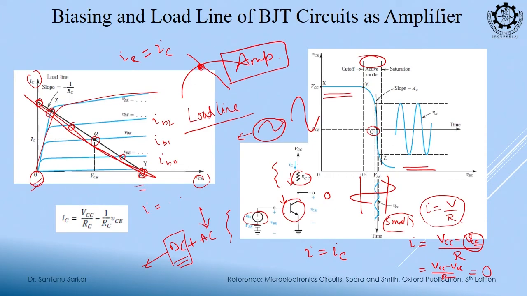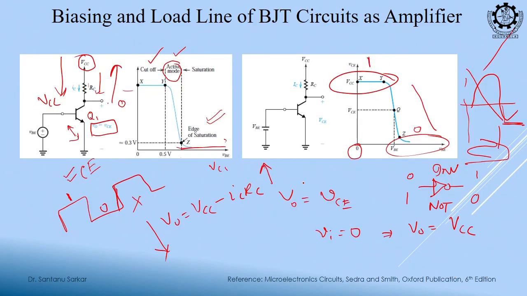Why is it amplified? Because in active mode your IC is amplified, right. So, if IC is amplified, ICRC will also be amplified, but because of this minus sign it is coming in the opposite phase, minus sign, 180 degrees out of phase.